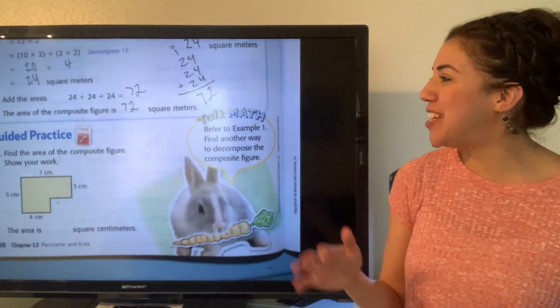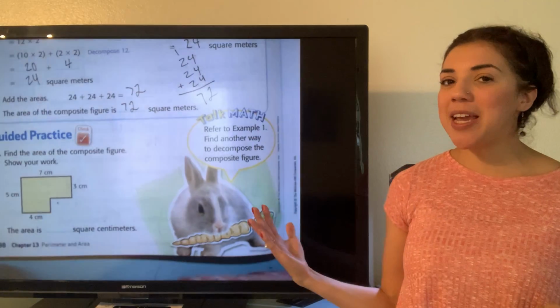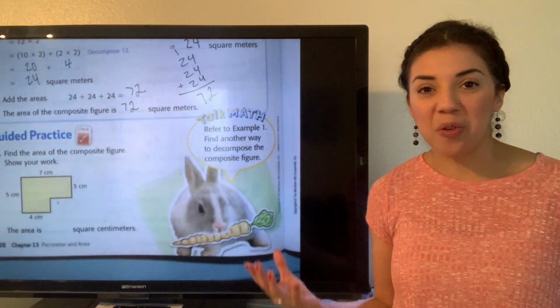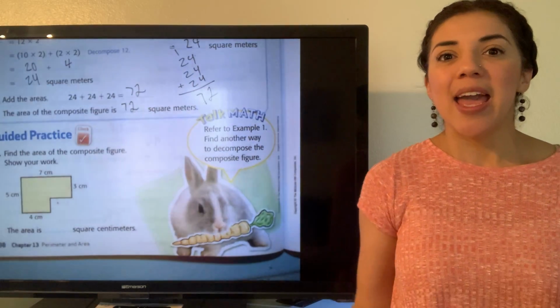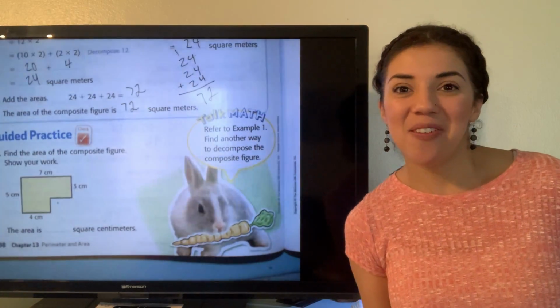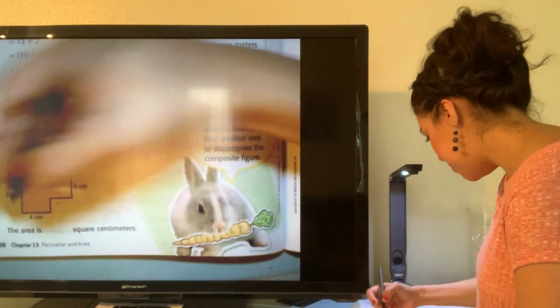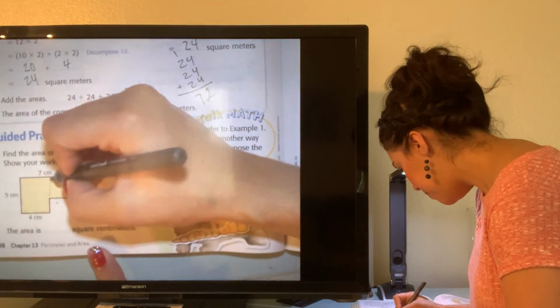Okay, here we go. So guided practice, find the area of the composite figure. And so here, the first step is to decompose our figure. And we know that we want to look for rectangles because it's easy to find the area of a rectangle. And we know the formula to find the area of a rectangle. So I'm going to go ahead and split mine right here.